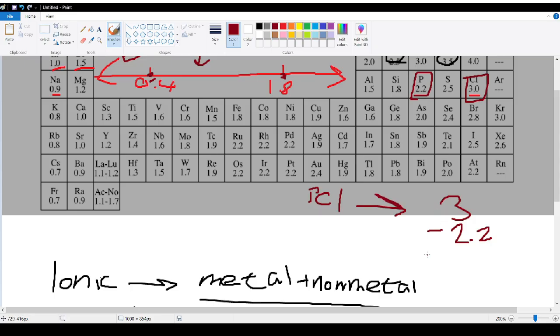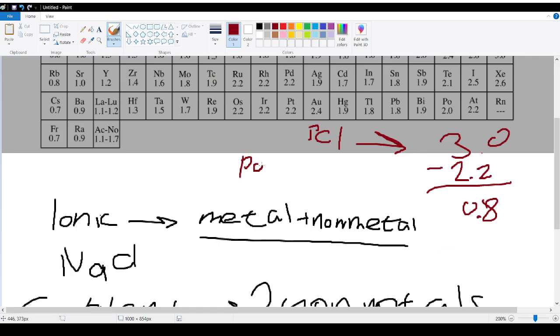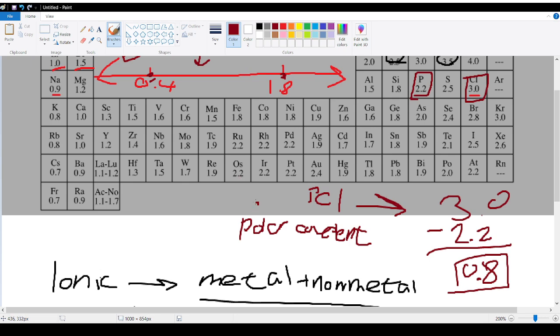So it's going to be 0.8. But is that covalent? No, it's not. It's greater than 0.4. So it's going to be polar covalent. So PCl is actually polar covalent. So that's not just covalent, it's polar covalent. This is the most specific answer that people tend to prefer.